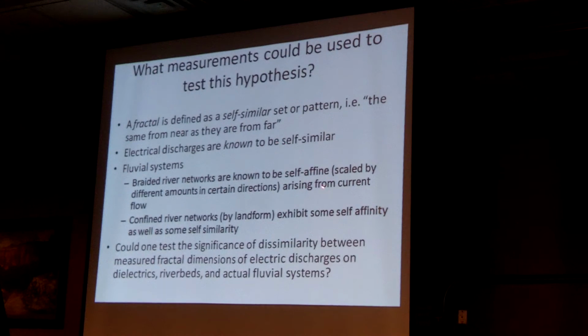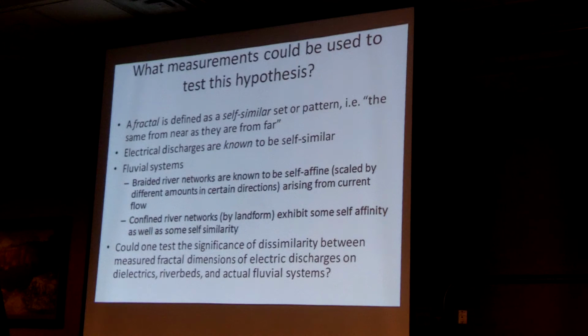They all exhibit self-affinity, and that's slightly different than self-similarity in that they're only similar in a certain direction, i.e. the direction of flow. That intuitively makes sense to us, right? So confined river networks, though, the geologists have a hard time with, because the fluvial aspects of these rivers are dictated by the actual surroundings.